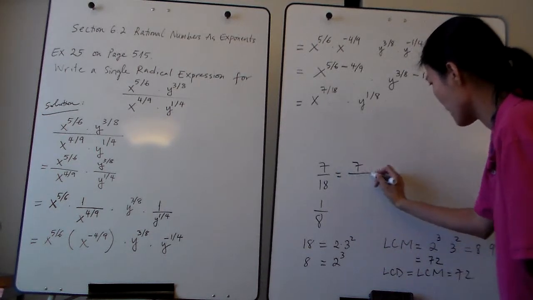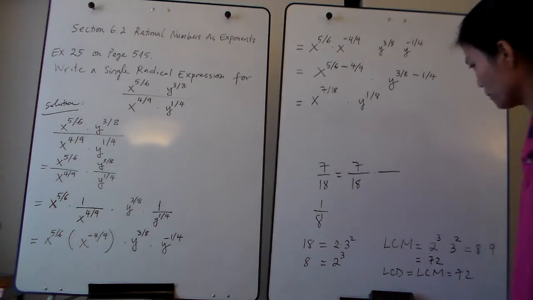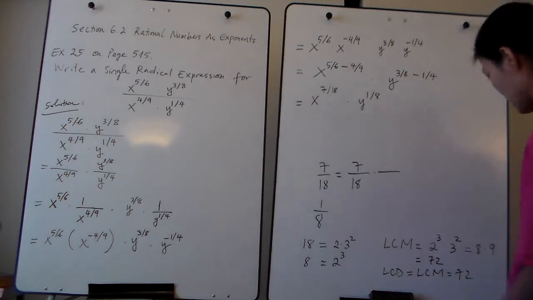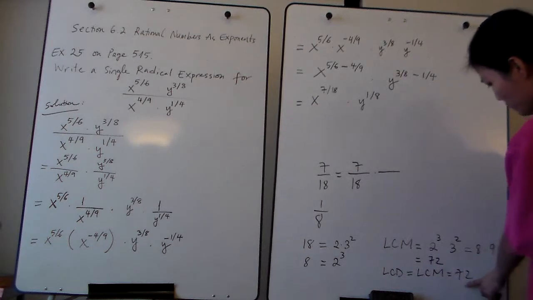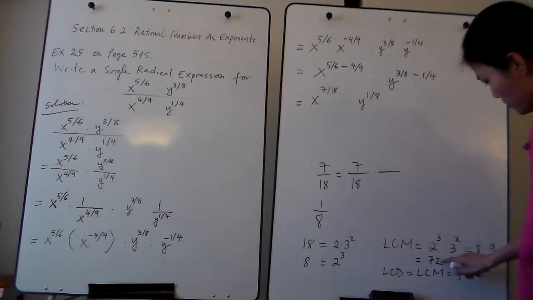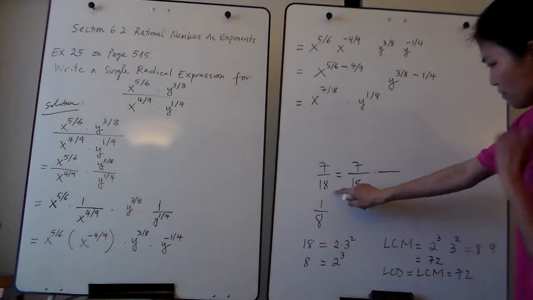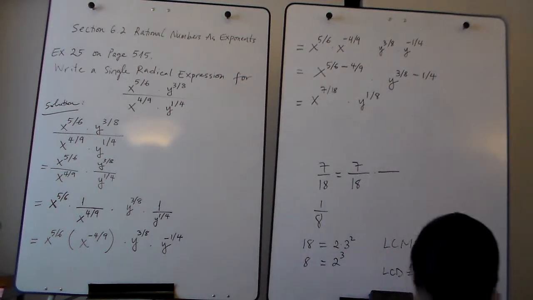So 7 divided by 18. Now 18 times what equals 72? As you see, the LCM is 72, and when you factor it, it comes from 2 to the third power times 3 squared. For 18, let me write here.